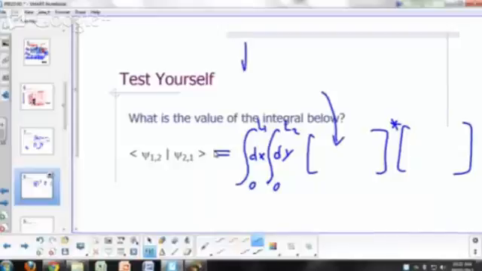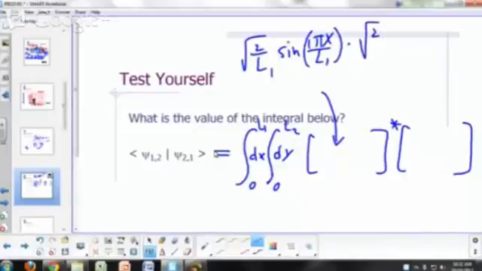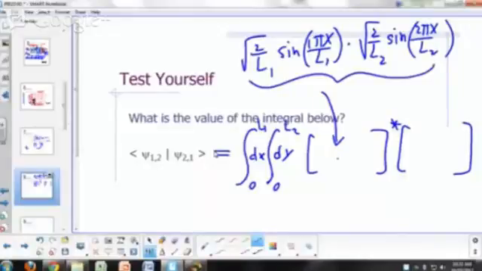It's going to be square root of 2 over L1 sine 1 pi x over L1 times square root of 2 over L2 sine 2 pi y over L2. So that thing goes in here, and something else goes in here. I'm sorry, this should be pi y.